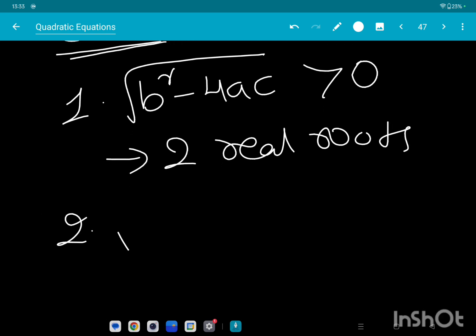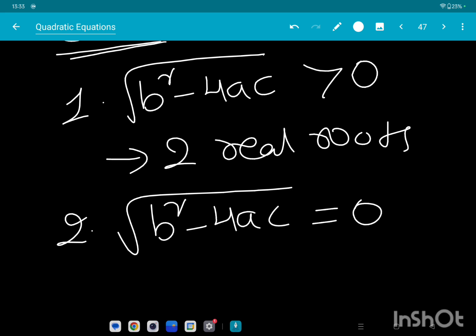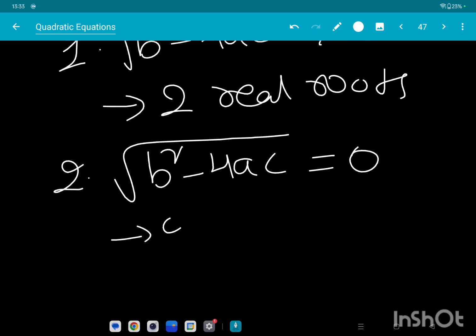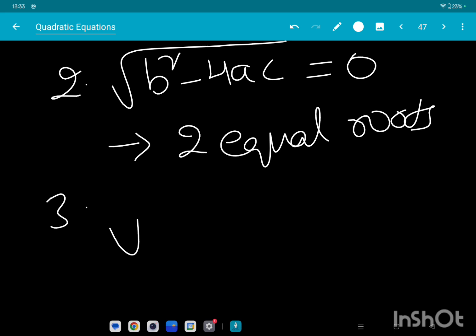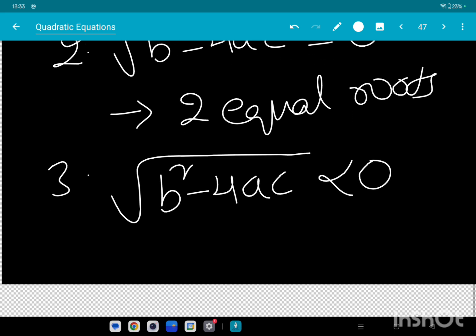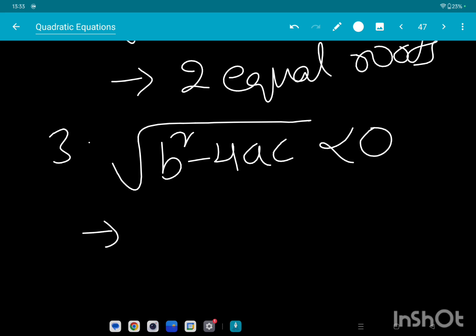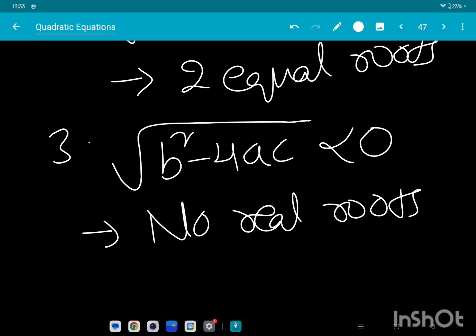And the second case is if root of b square minus 4ac is equal to 0, then it has two equal roots. And third one, if root of b square minus 4ac is less than 0, which is a negative number, then it has no real roots. So we can't find the real roots for that quadratic equation.